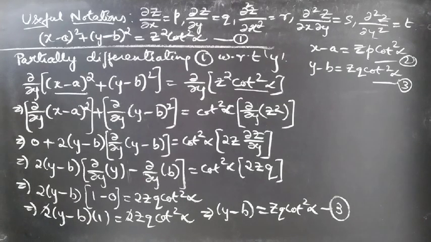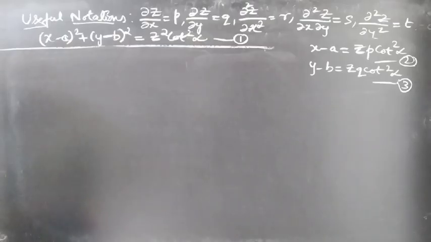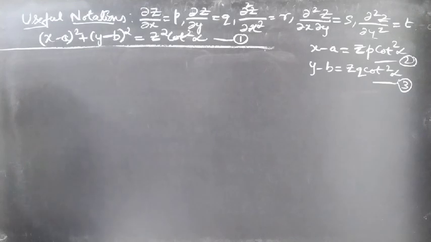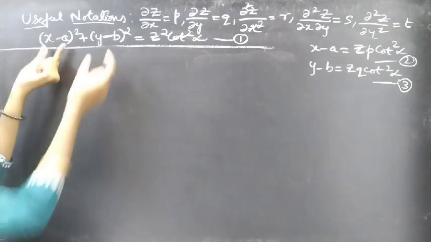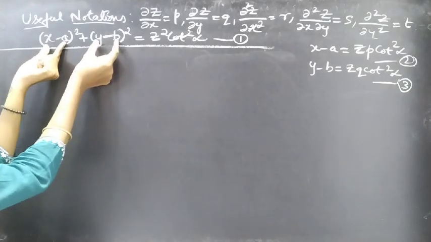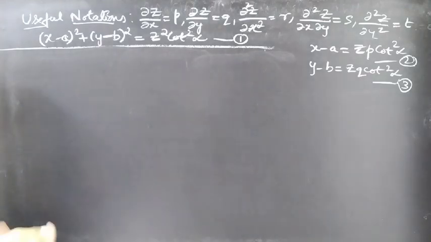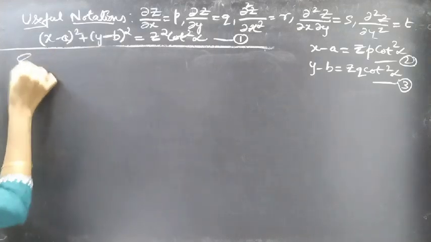Now coming to the problem. Now we have to observe 1, 2 and 3. By observing, we came to know that x minus a and y minus b can be replaced by some terms which do not have any arbitrary constants. So now we'll substitute 2, 3 in equation 1.